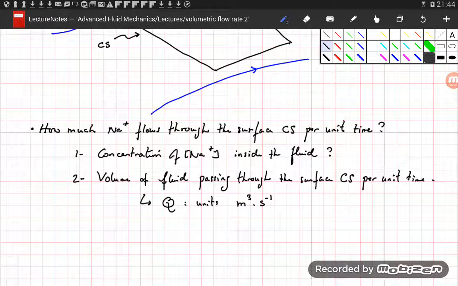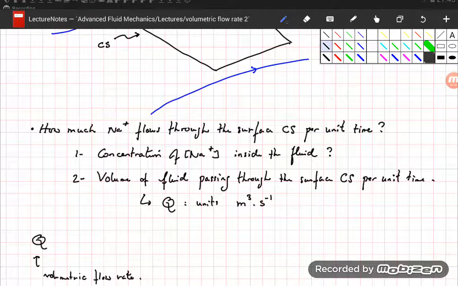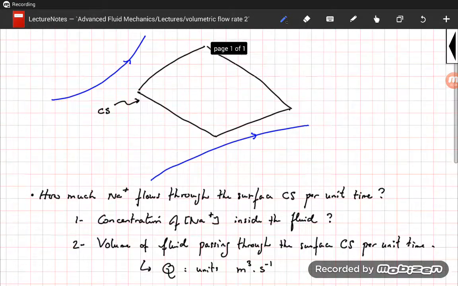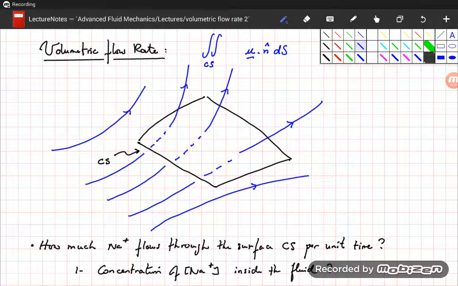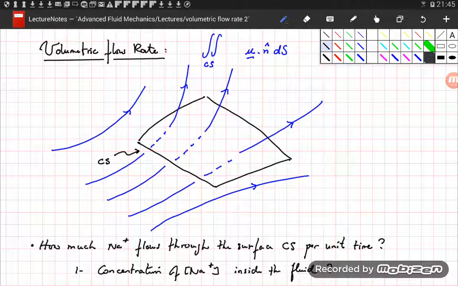So how do we mathematically express this volumetric flow rate, Q? So let's go back to our initial picture. We have to think about this surface, and through this surface there is fluid going. And so we have to look at every single differential element of surface which composes this control surface. So let me draw one here. Through every single element of surface, there will be a small piece of this surface called dS.